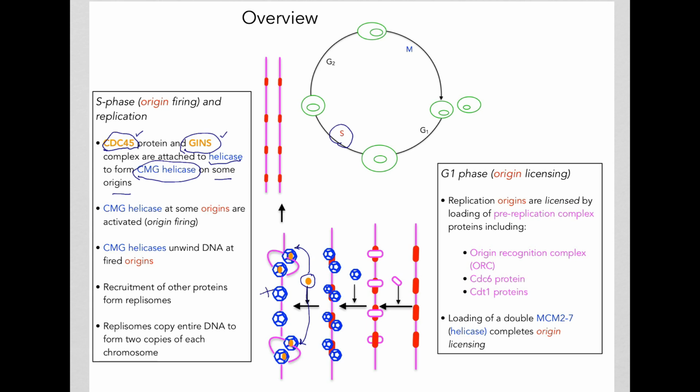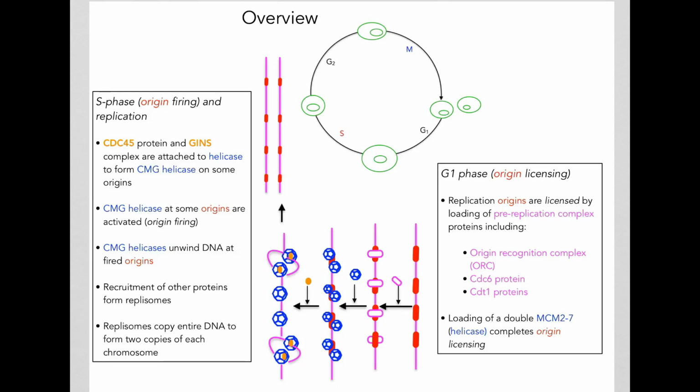This one here doesn't have that. CMG helicases that have these proteins will now become activated at these origins. The activation of CMG helicases at some of the origins is called origin firing. So origin licensing occurs in G1 phase, and origin firing at some origins occurs in the S phase.